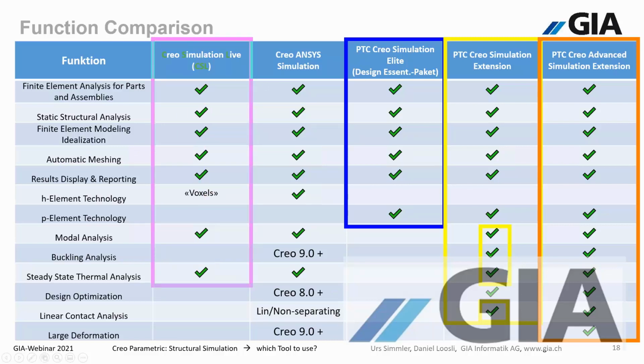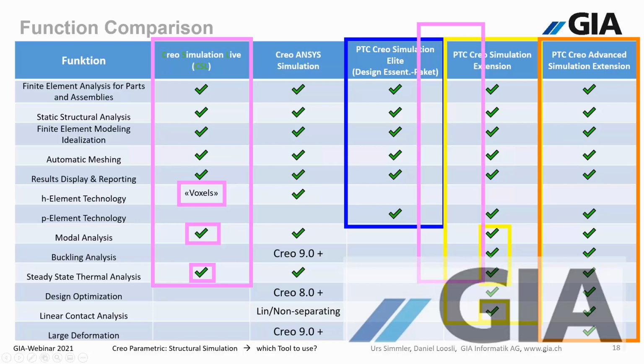We saw fast and furious technology with the help of voxels. Here we had P elements. Here we have some voxels. We need a special graphic card. And we can do here also modal analysis, thermal analysis, but there is no contact available right now. Of course, here we have additional capabilities with fluids. This is also quite nice. So I would say this Creo Simulation Live is somewhere between that and that.